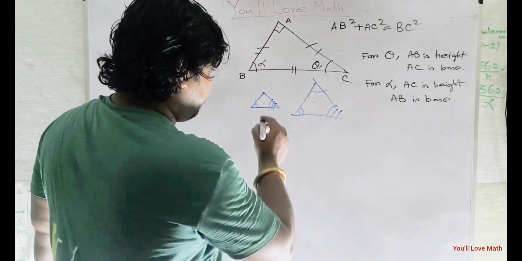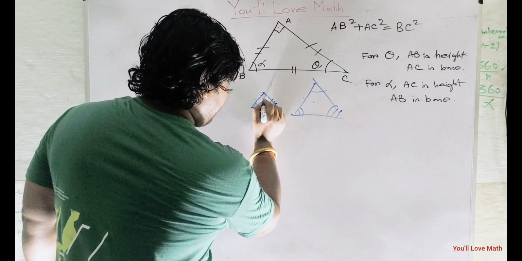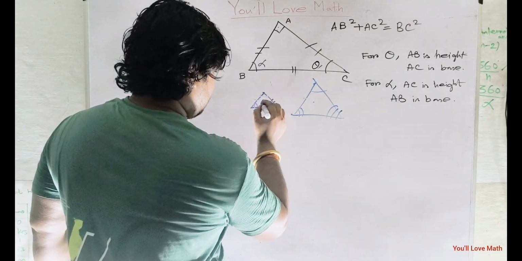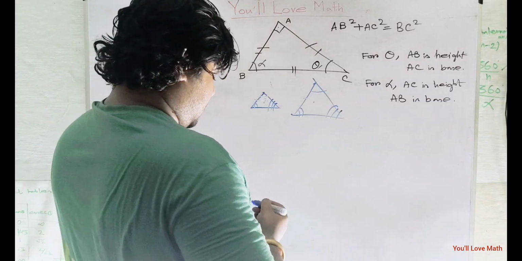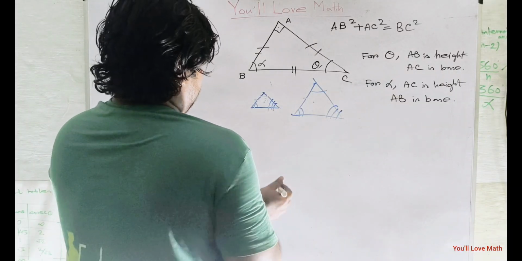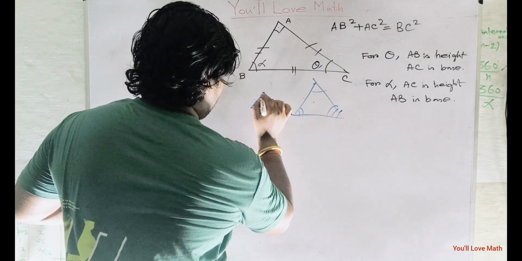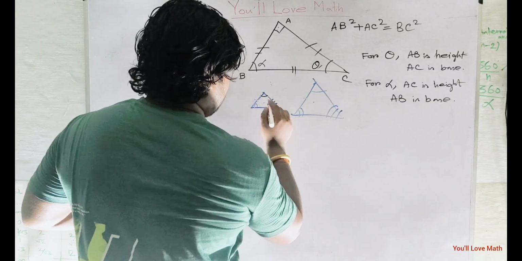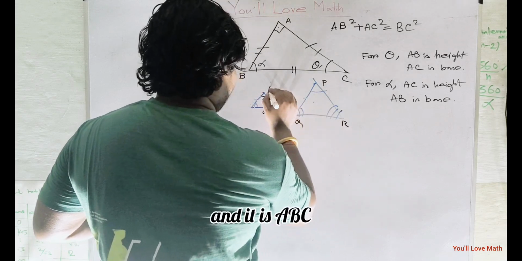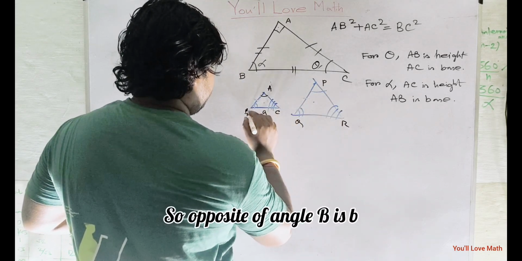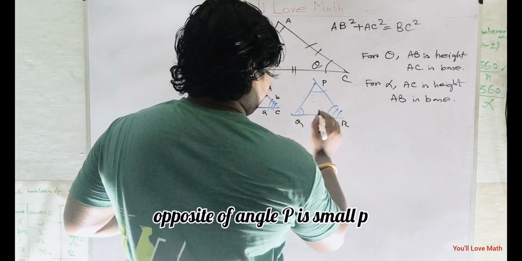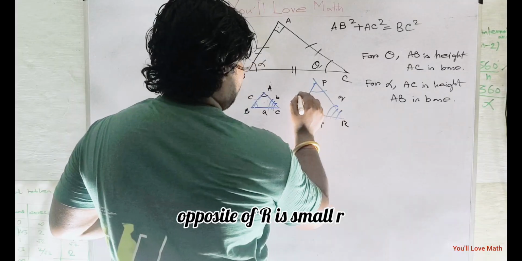What does it mean? Let one triangle be ABC and the other PQR. Opposite of angle A is small a, opposite of B is small b, opposite of C is small c, opposite of P is small p, opposite of Q is small q, opposite of R is small r.